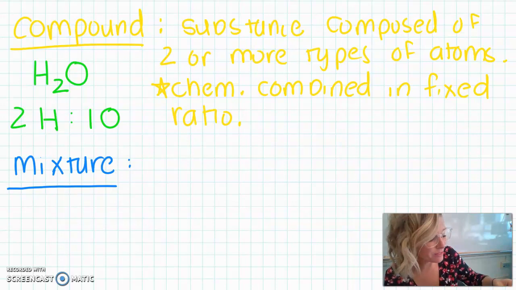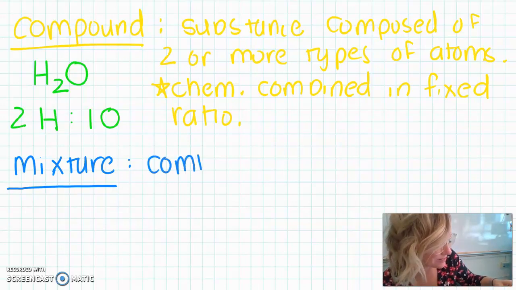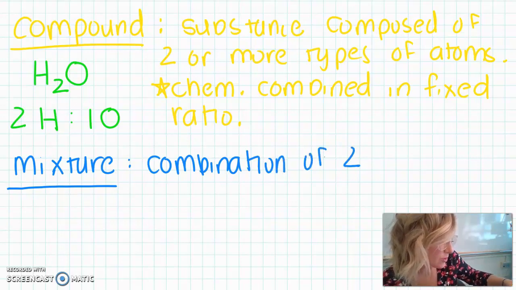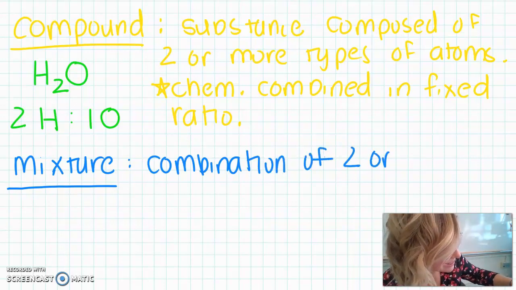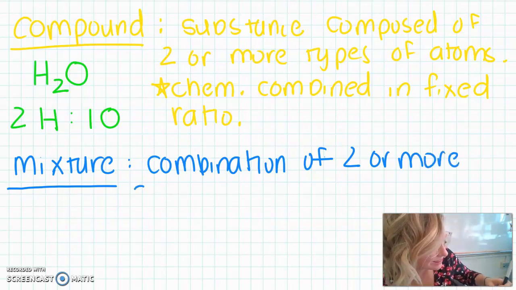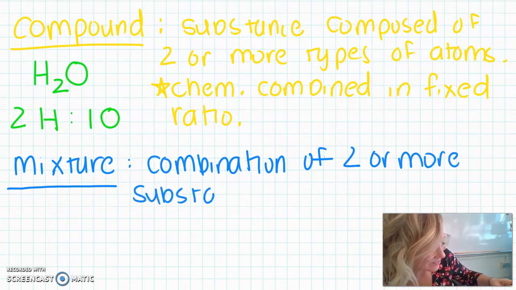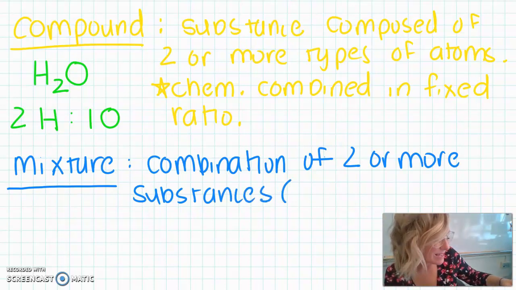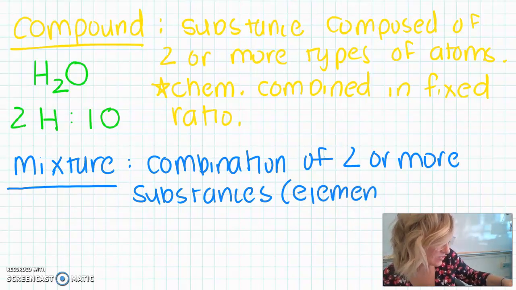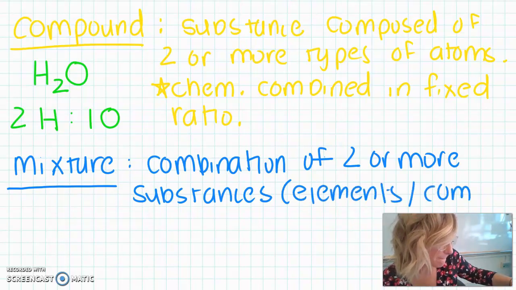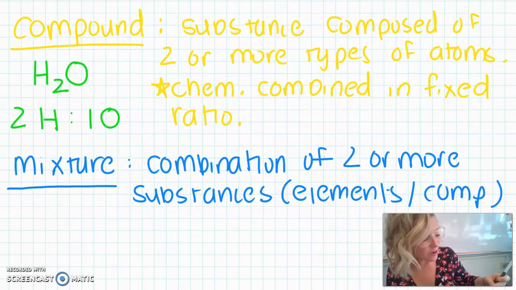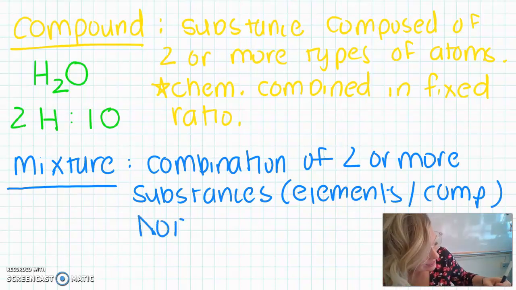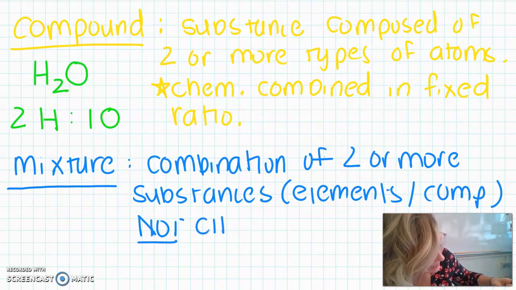A mixture is going to be a combination of two or more substances, and those substances can be elements or compounds, and they are not chemically combined, okay? So they are not chemically combined.